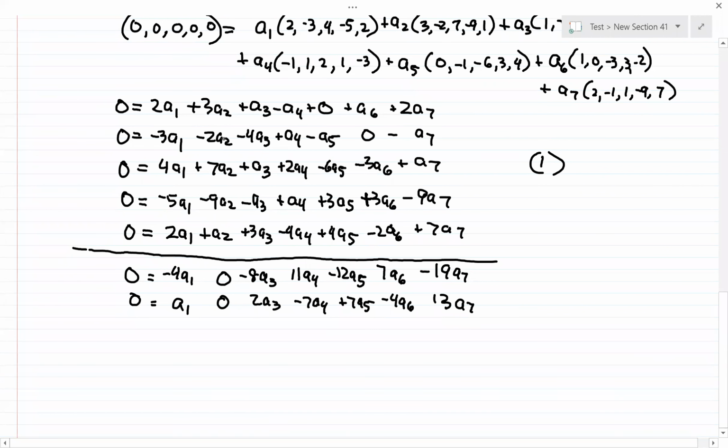2 zeros introduced here. I guess here we would be multiplying by 7 and subtracting. So 7 times this is 14. Subtract that from this would be minus 10.